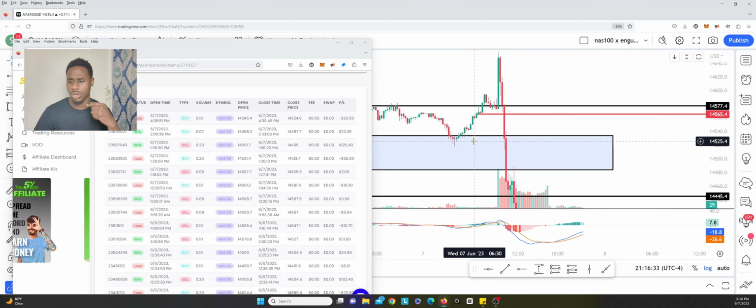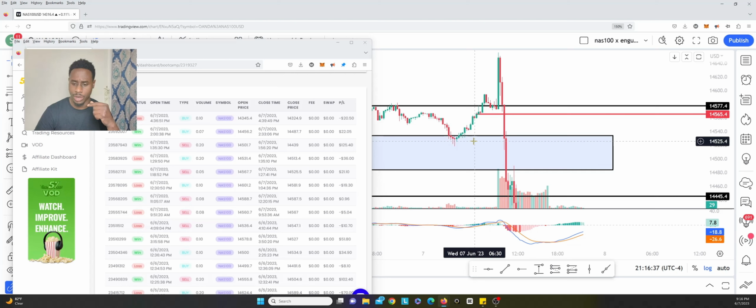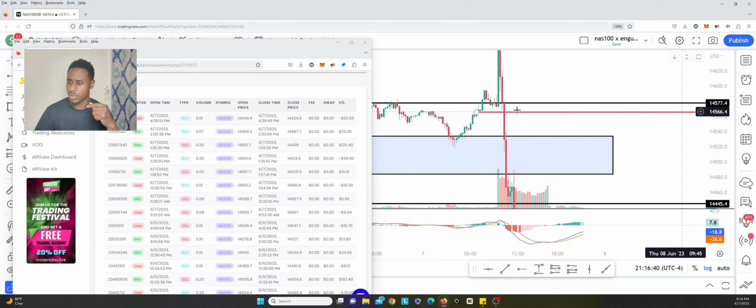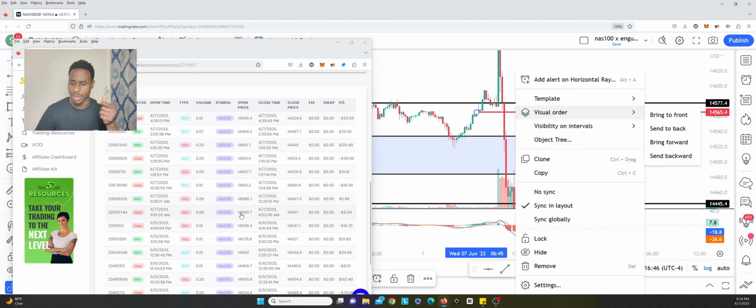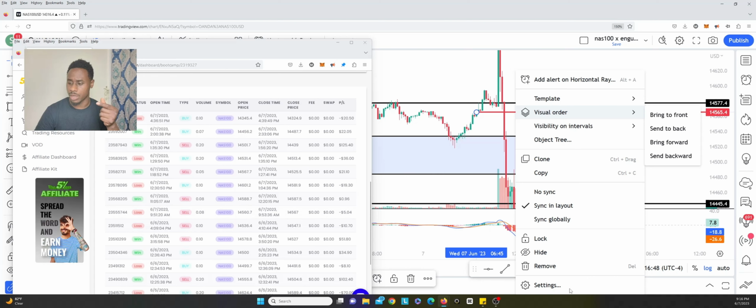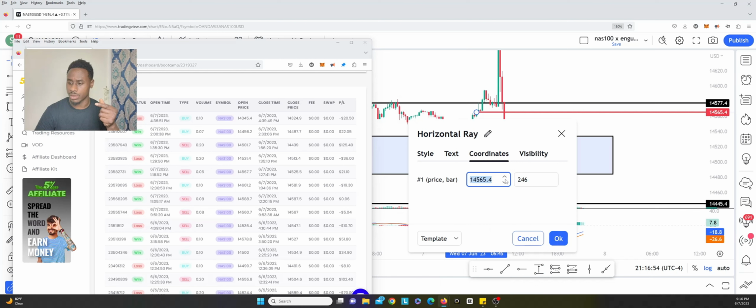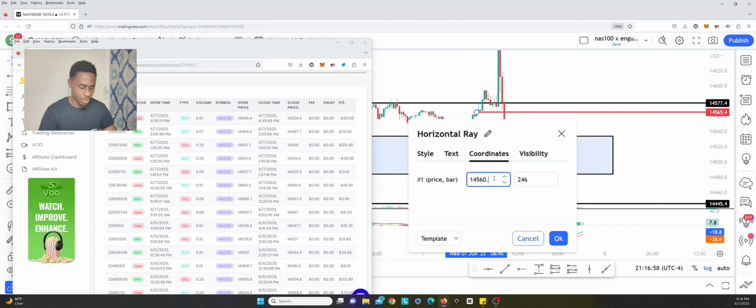So basically I entered here at 6:51, right? Let me write where I entered. You'll see my opening price here. At 6:51, I entered at 14,560.7, right?